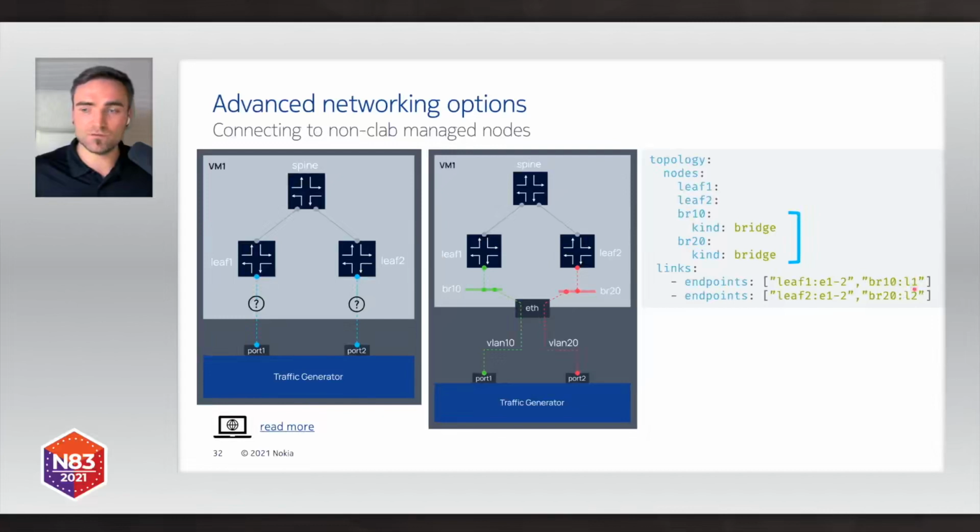It doesn't matter how you name it, but it will connect leaf1 to the bridge. Then all it takes is for you to make sure that the traffic generator is connected to the same bridge. You do your VLAN propagation or some other techniques you use, just to make sure that there is L2 connectivity between this bridge and the traffic generator port that you use. By doing that, you can easily push traffic from the traffic generator all the way back to the topology that you created with Container Lab, and it will all happen magically.